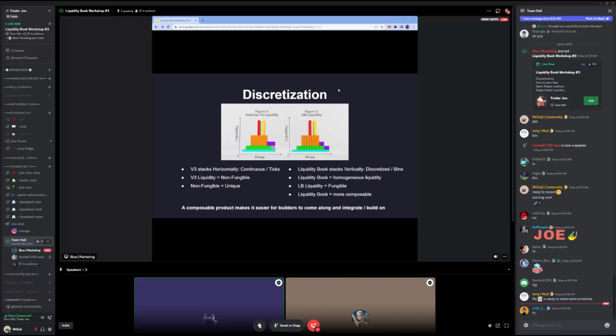You can't do that with a non-fungible token receipt, or it's much harder, because non-fungible tokens are unique to the owner, and when you try to mix them up it is more difficult. So that is a key difference of discretized liquidity versus a continuous flow liquidity AMM such as Uniswap V3: the fungibility of those tokens enhances the composability that Liquidity Book offers the wider DeFi ecosystem.